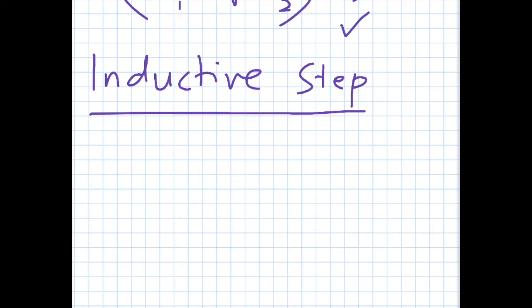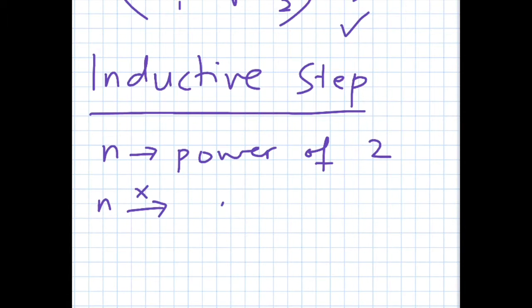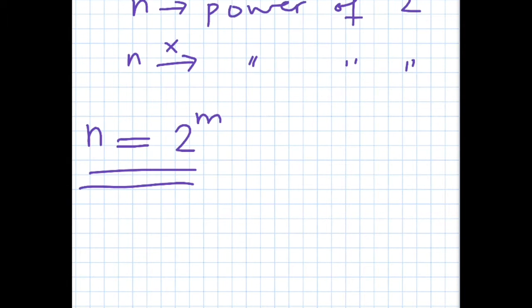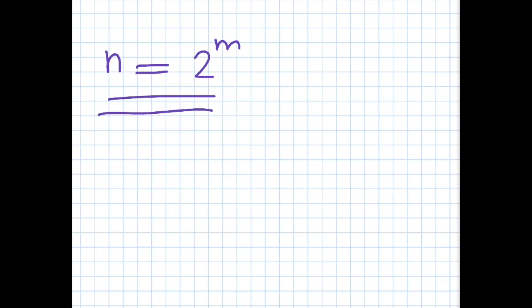He split the inductive step into two cases: one is when n is a power of 2, and the other is when n is not a power of 2. So we'll say case 1 here. First of all, n is equal to 2 to the m, and then we will apply induction on this m.